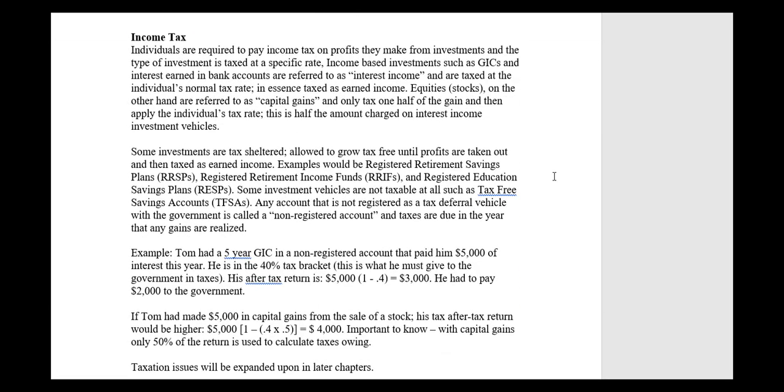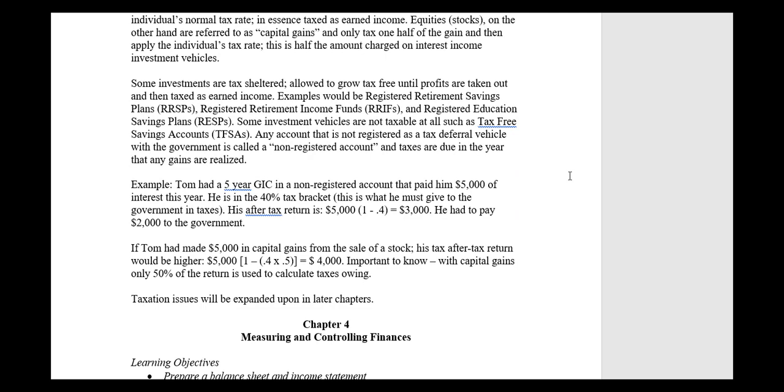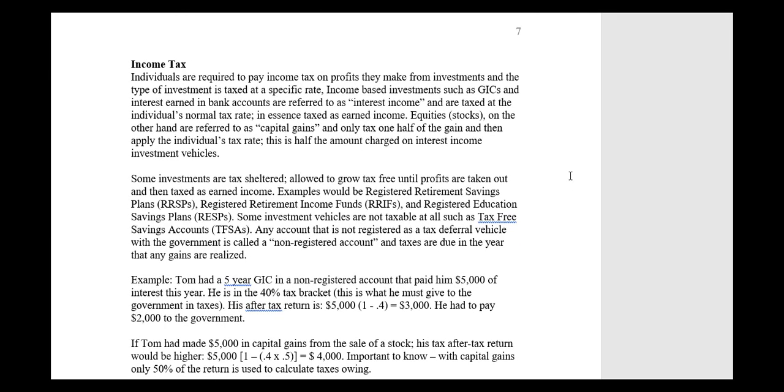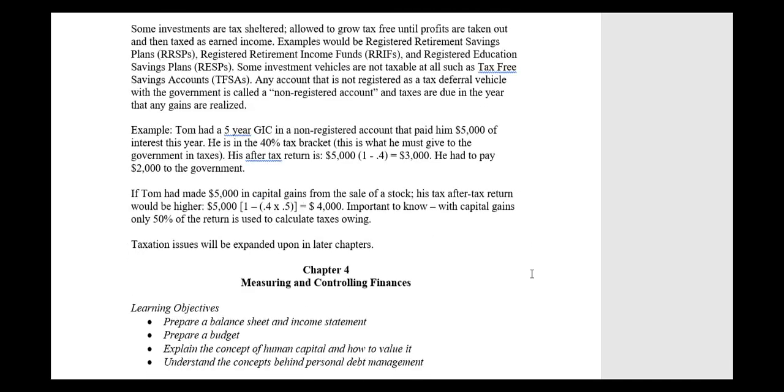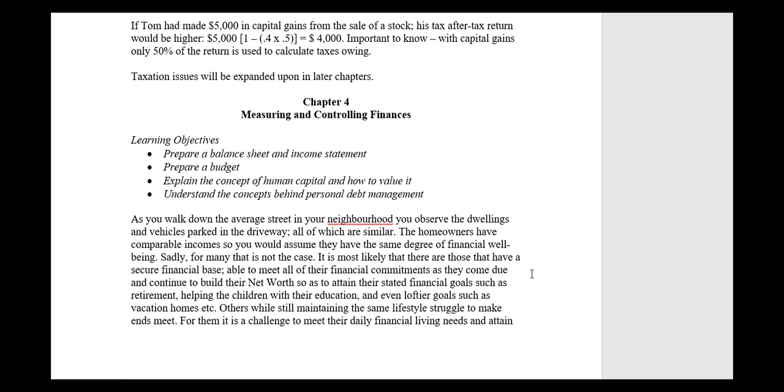Then it's scrolling through a little bit about income tax. When we're looking at financial figures, we like to look at things in after-tax dollars. So how do we do it? We always take the amount times 1 minus the tax rate, and that gives you your after-tax dollars. And then it scrolls into some of the notes with regards to Chapter 4.